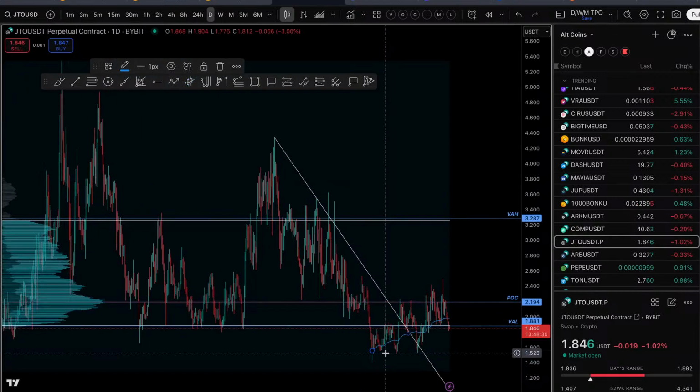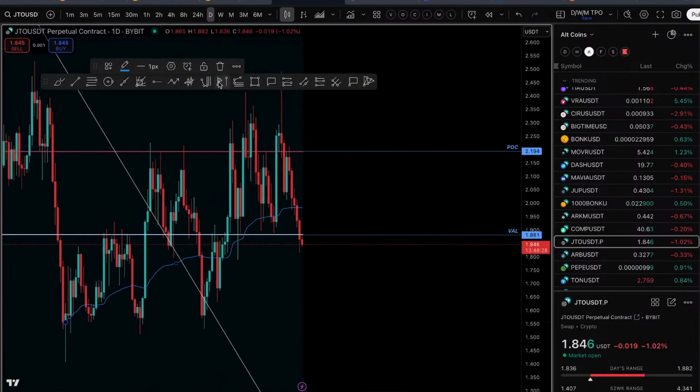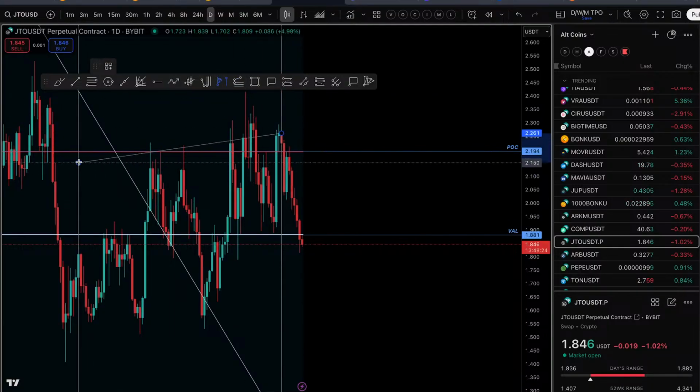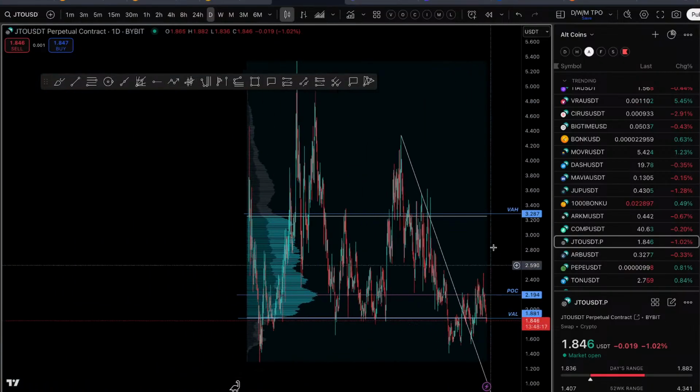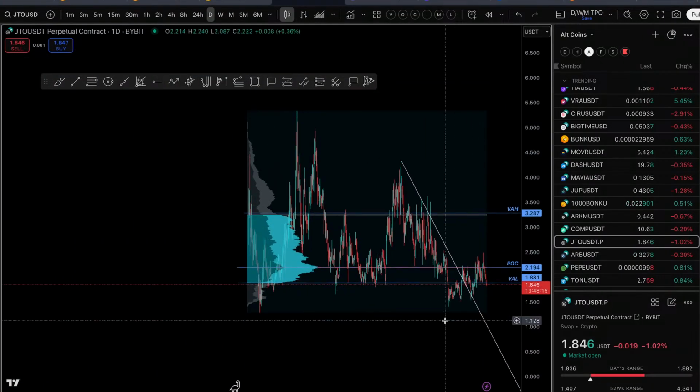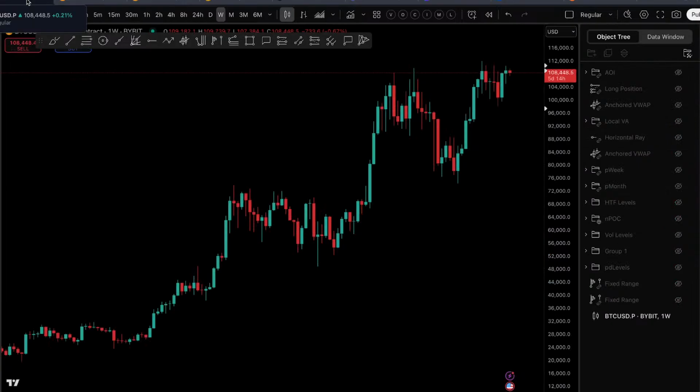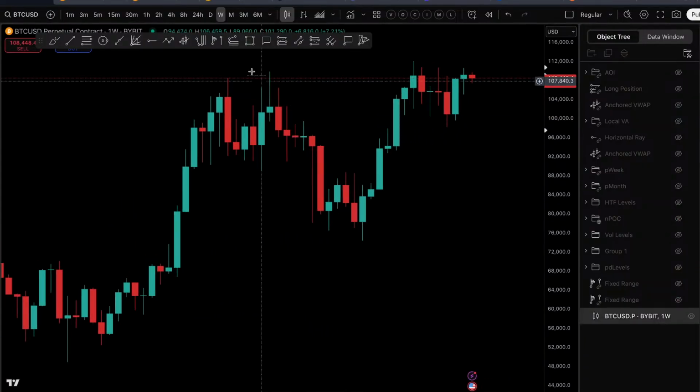The rise is failed. Value area, at the value area low. Nothing. Not good. The good trades are possibly these, which I showed earlier.